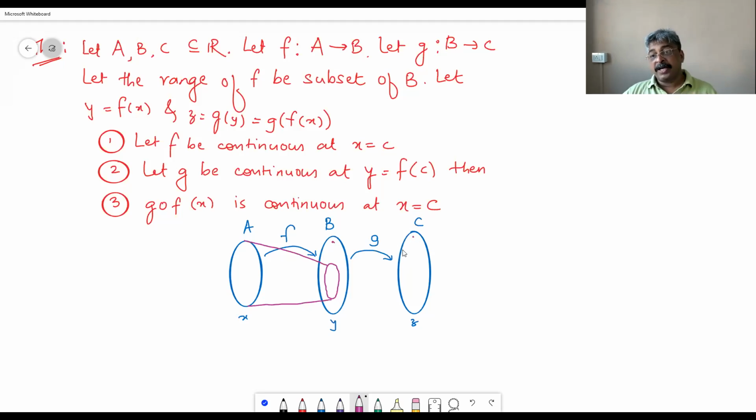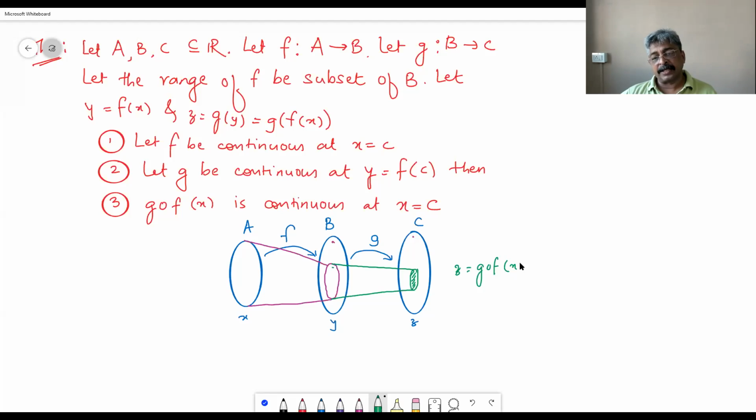But what we are interested in for our composition is what happens to this g function with respect to all these images. It becomes a new set, and this is what z is. So z will be g of f of x.